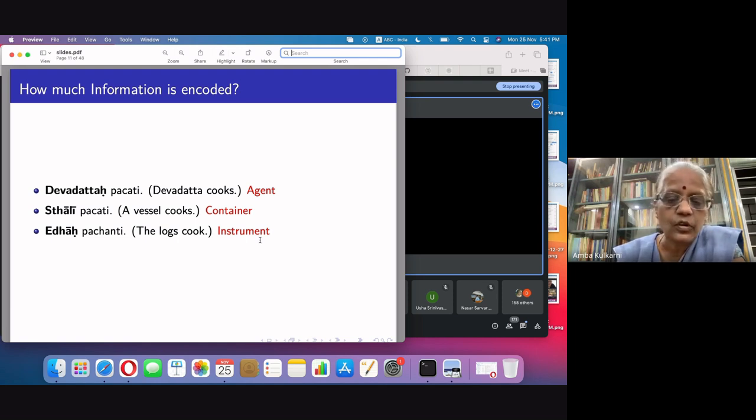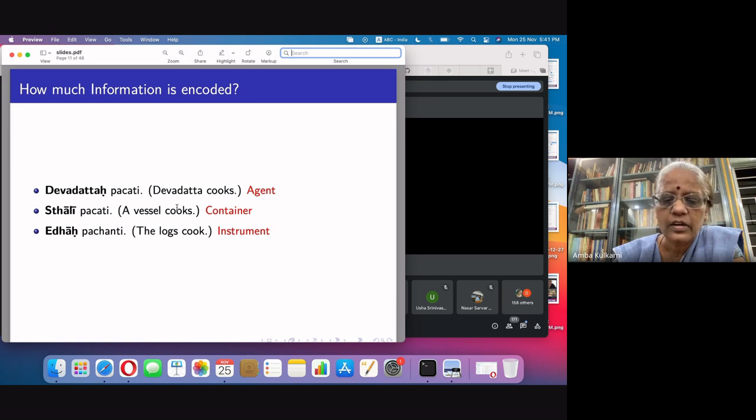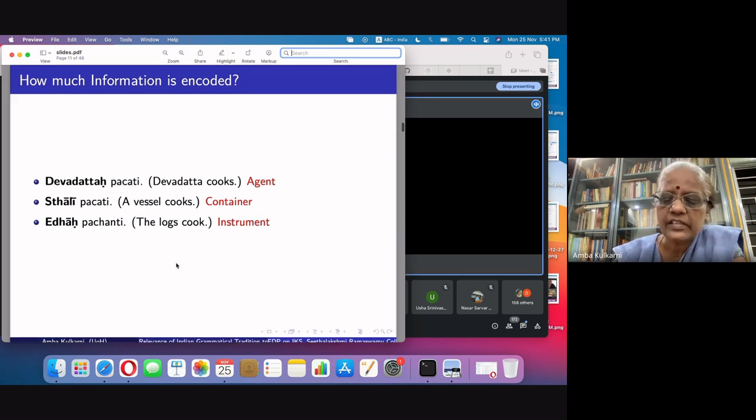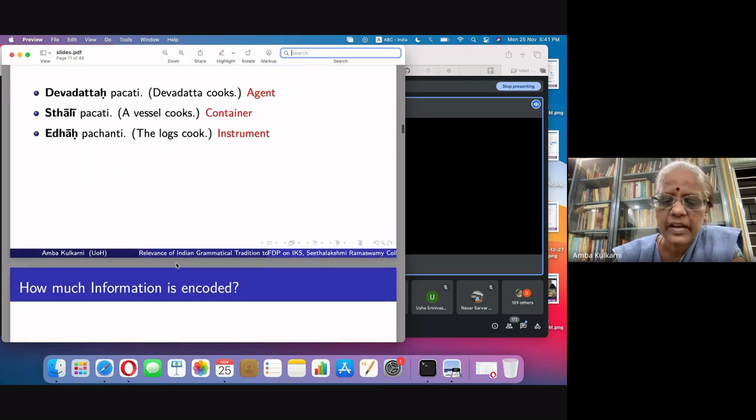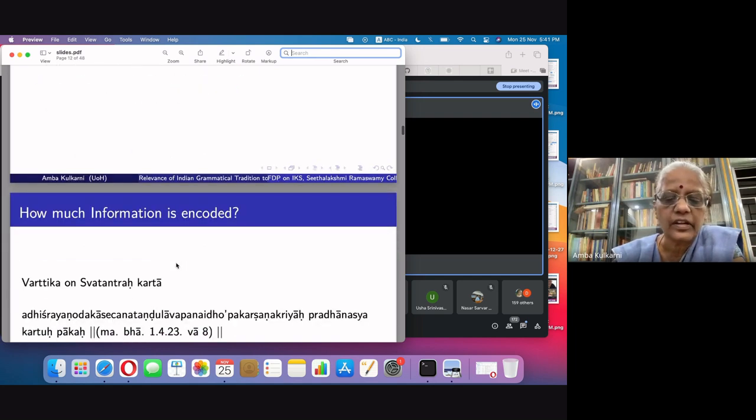But if you do not know what is the meaning of these words, and if you are just looking at what is encoded through the suffixes, what we see here is Devadatta has an agreement with cook, a vessel has an agreement with cook, or the logs has an agreement with cook, and therefore these are all the kartas, and this is what Panini has expressed through the sutra, that it is a swatantra karta.